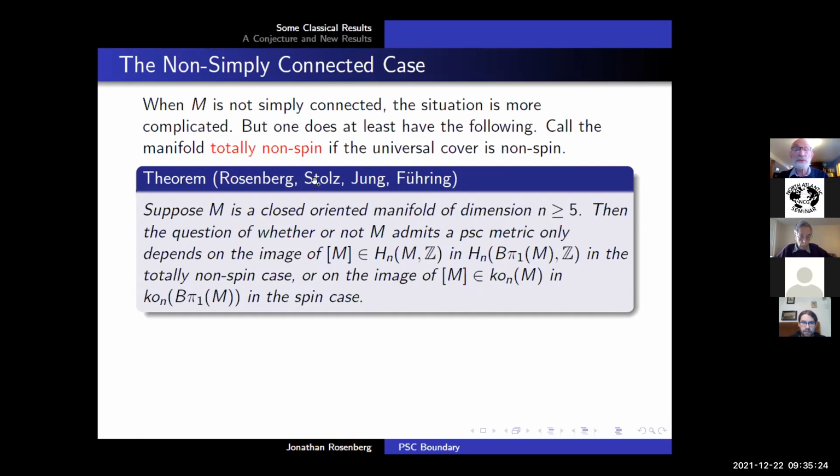The theorem of Stolz and Jung and Führing is that it's enough to know the image of the fundamental class of M in little ko_n of the classifying space of the fundamental group. You want connective ko homology? Yes, connective ko homology.